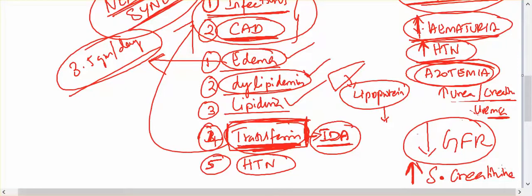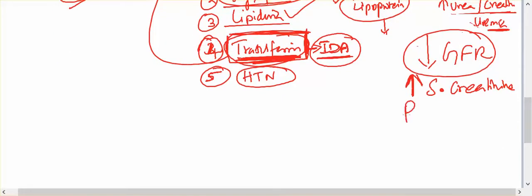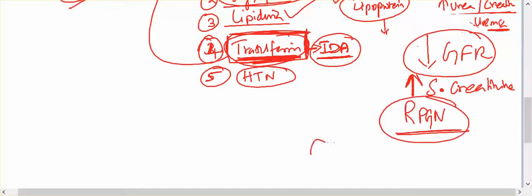It is called rapidly progressive glomerulonephritis. So this is RPGN. This is very, very dangerous. If you are not intervening, the patient may even die within a few weeks, because of the complete renal failure.